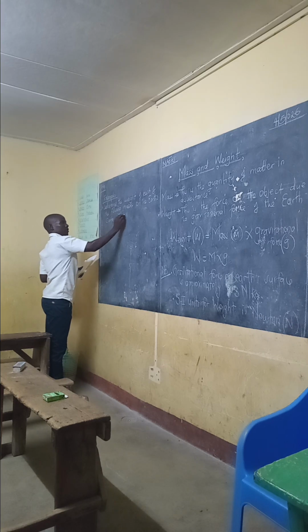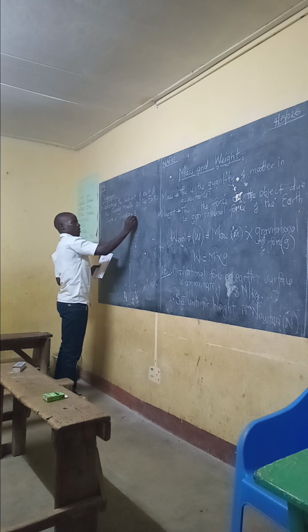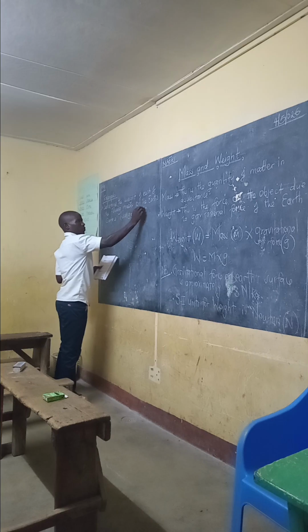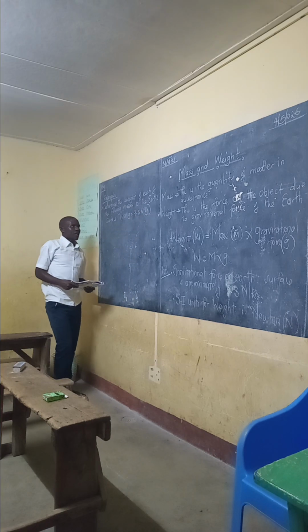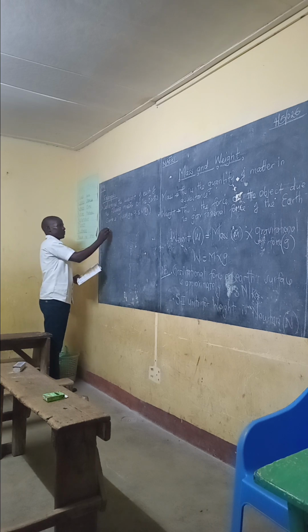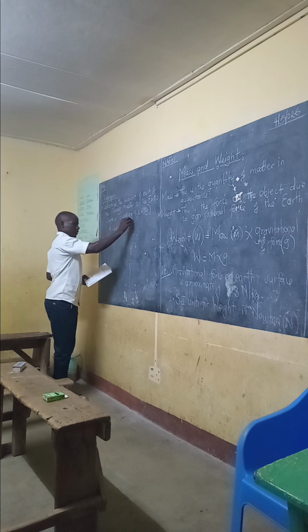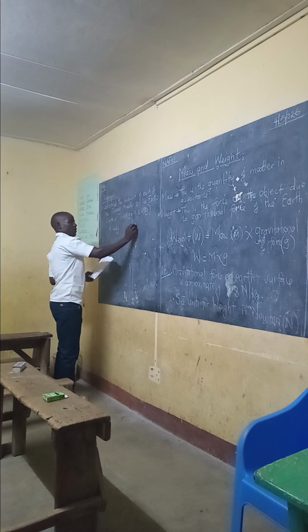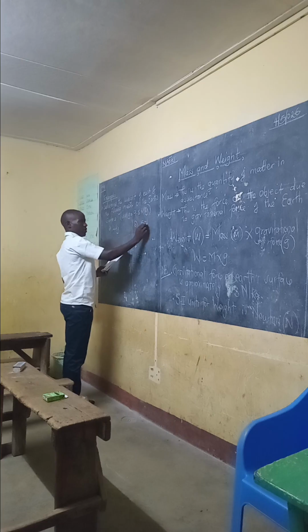In brackets, use gravity to be equal to 9.8 Newton per kilogram. The first one is 4 kilograms. That is the first example. Then example B, we will have 50 kilograms.